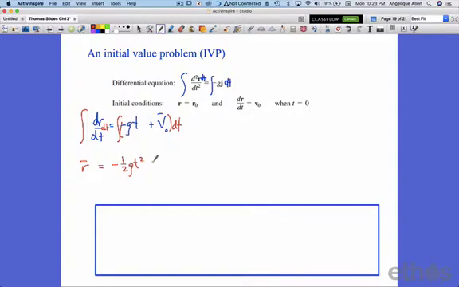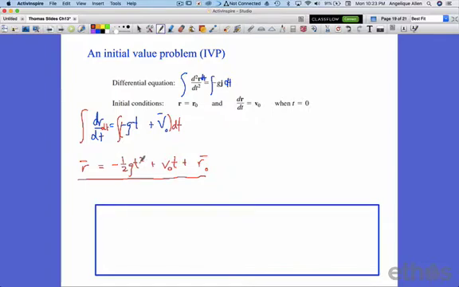And then we've got plus v naught t plus some initial position, whatever the initial position was, r naught. So this is a formula for our position that we can use to help us solve these initial value problems.